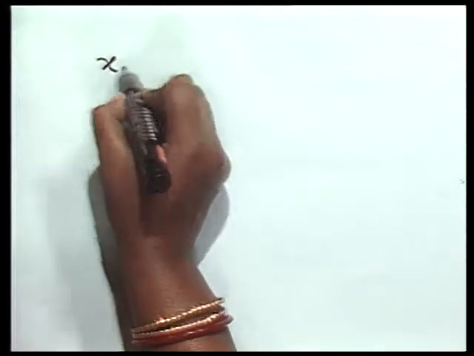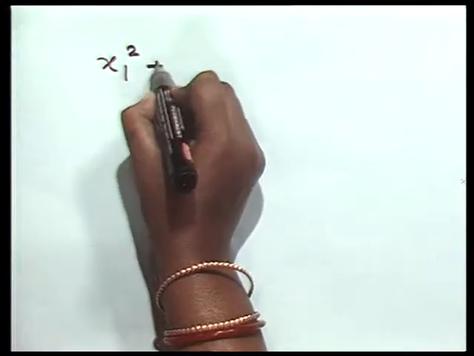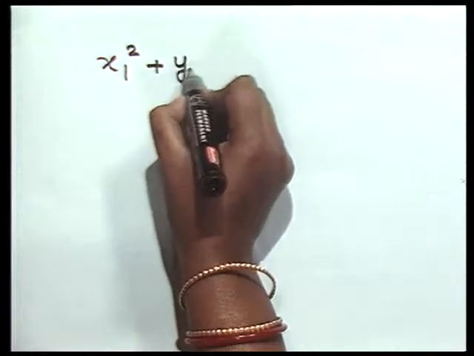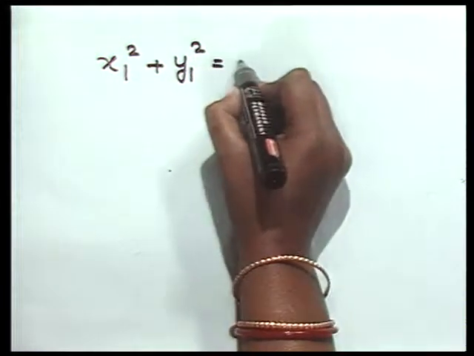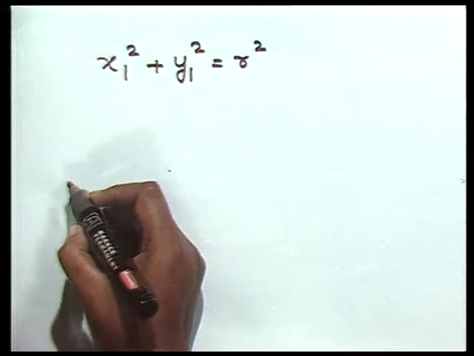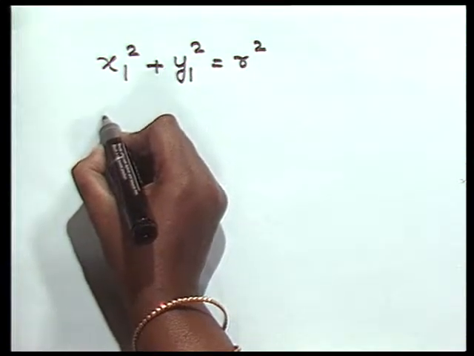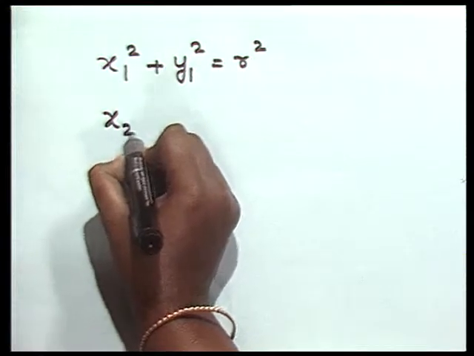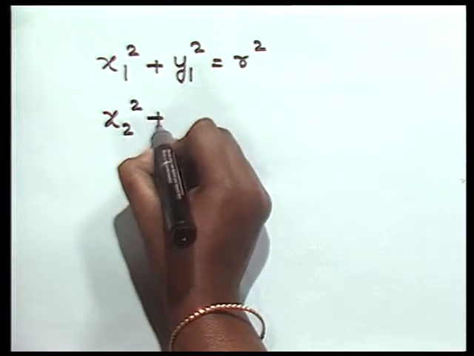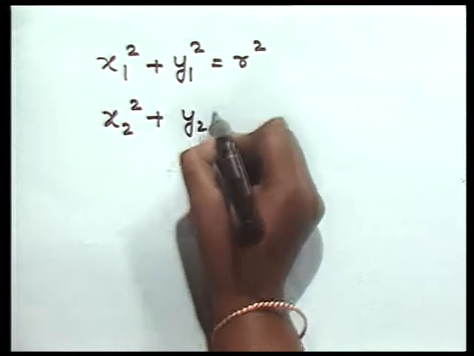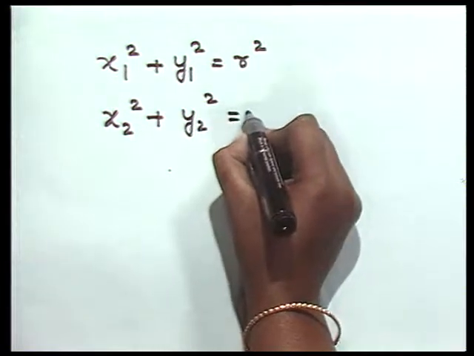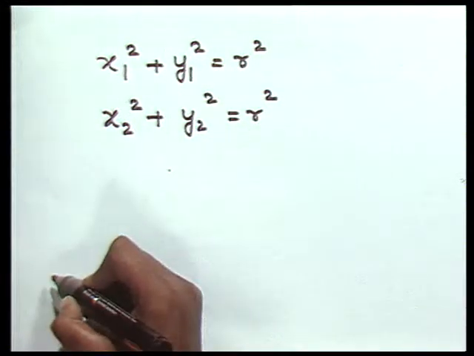So, we have x1 square plus y1 square is equal to r square. Also, since x2, y2, that is point Q, lies on the circle, we have x2 square plus y2 square is again equal to r square.